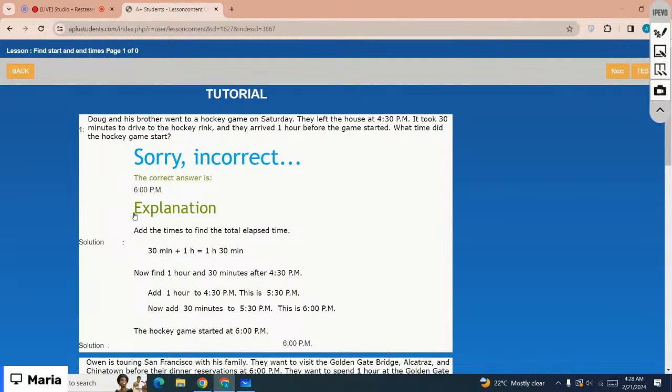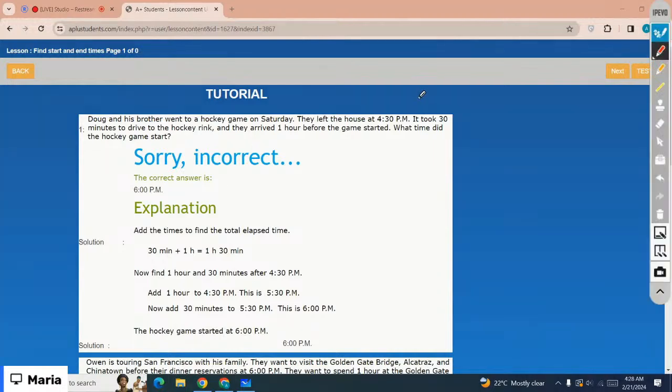Okay, they left the house at 4:30, right? And it took 30 minutes to drive. So, start from 4:30 and add 30 minutes. That means they arrived there at 5 p.m. Now the question is, they arrived 1 hour before the game.